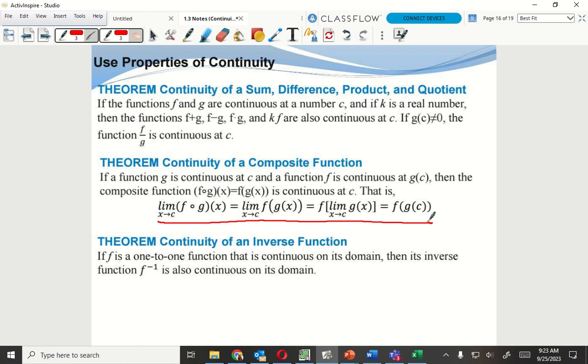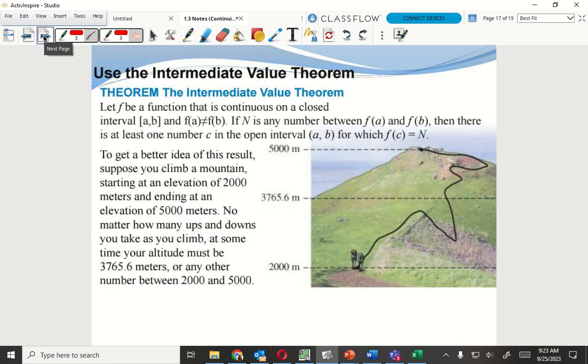Composite functions are important and it works better if I have a table or a chart to go along with it. When we do this one in real practice, I'm going to give you a chart for that one. Now, this is important right here because this actually has its own set definition.